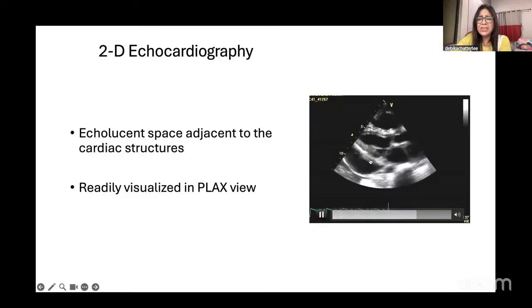It has a tendency initially to collect in the posterior aspect of the heart, where you can assess it in the parasternal long axis. So this clear space outside the myocardium is the pericardial effusion, which is readily visualized in this view and also in other views.